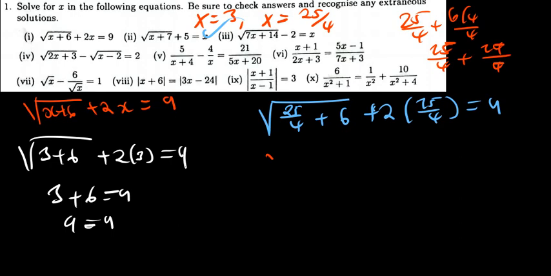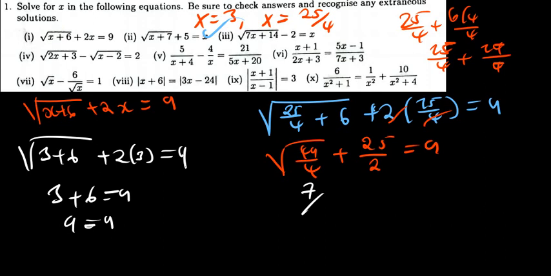Meaning in the square root, I've got 49 over 4 plus 2 times the square root of 25 over 4, which is going to give me 5 over 2, is equal to 9. The square root of 49 is 7. The square root of 4 is 2. So 7 over 2 plus 5 over 2 is equal to 9.